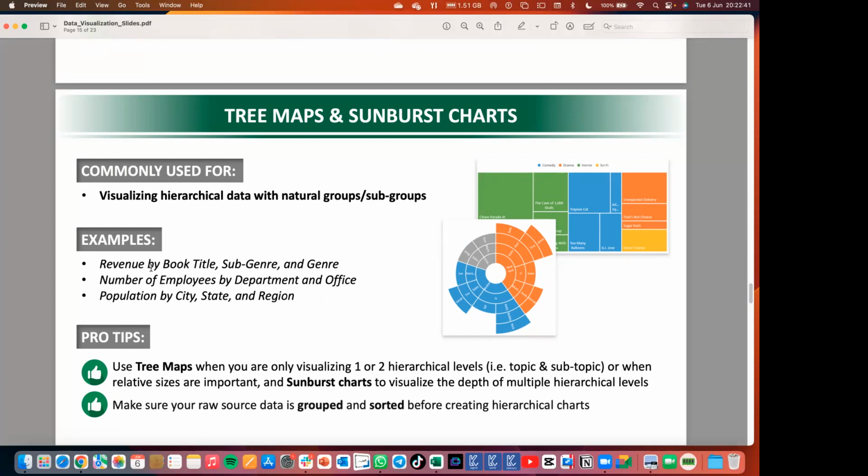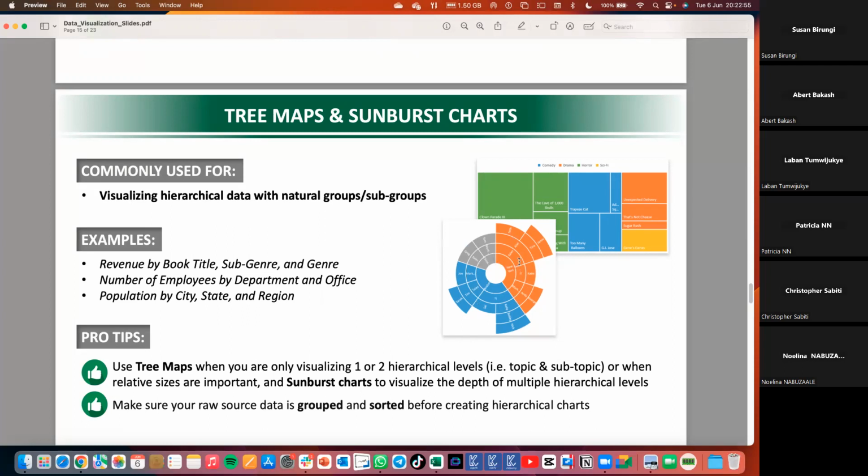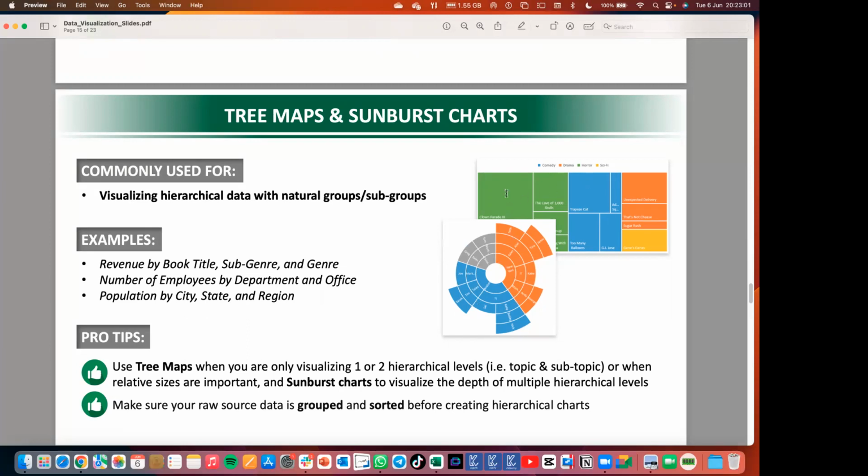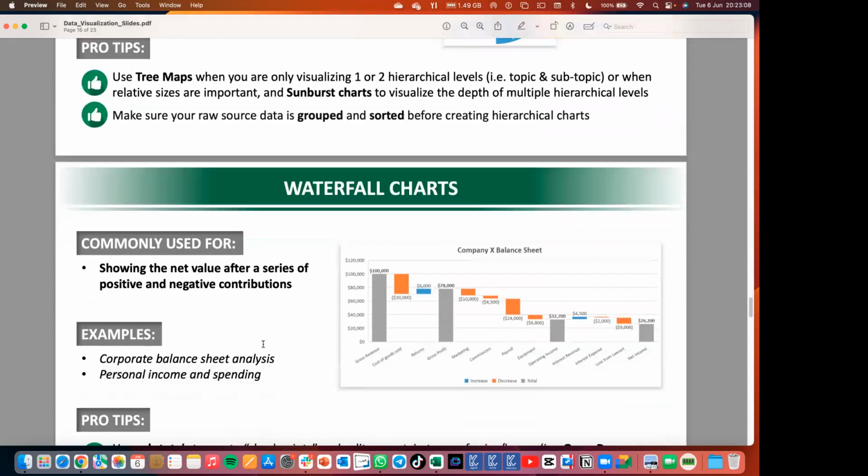So if you're doing revenue by book title, by subgenre and genre, then you'll find that you're using this, which is actually another mode of a donut chart, if you have seen how we use the donut chart. Then a tree map, which means the bigger represents high value and the smaller represents low value. Okay.